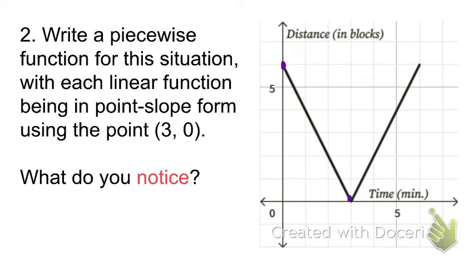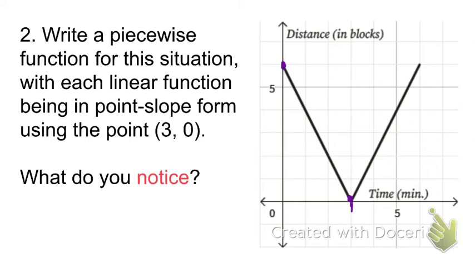How far away is she from her favorite lake? 6 blocks. And how long does it take for her to travel to her favorite lake? 3 minutes. Okay. And how long is her trip in total? 6 minutes.